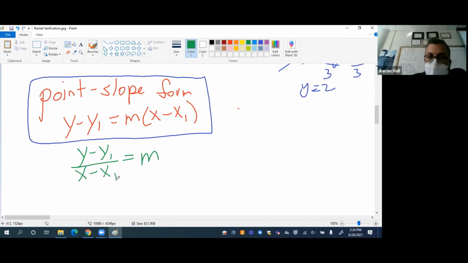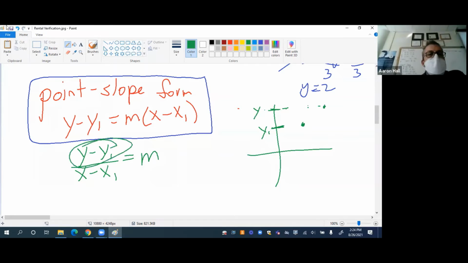What's the difference if we look at a graph and I have some point right here and another point right here? Say this is some y value here, and we'll say that's y subset 1, and then we have some other y value here. If I take y minus the other y, doesn't that give us our rise?